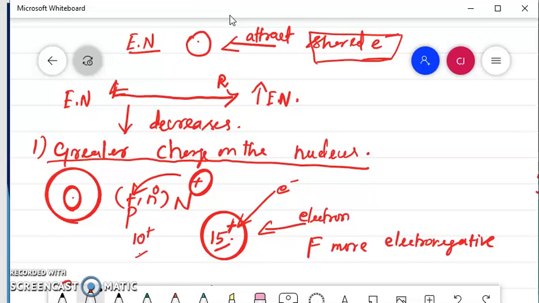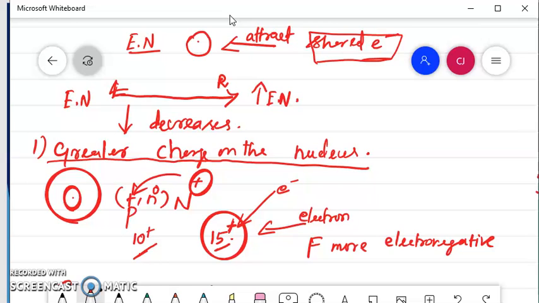The proton has a positive charge and the neutron has zero charge, so the nuclear charge depends on the number of protons. If one atom has atomic number 10 and another has atomic number 15, the first has 10 protons in its nucleus and the second has 15 protons.